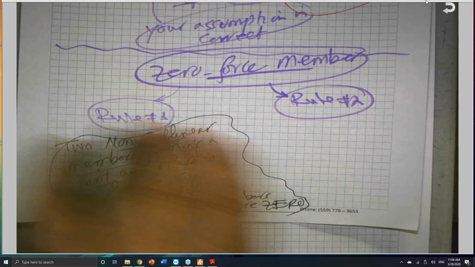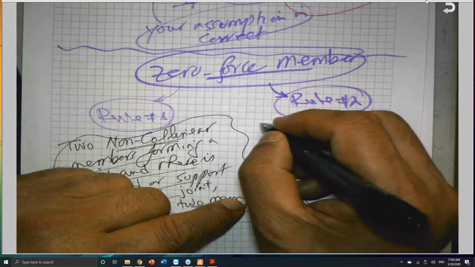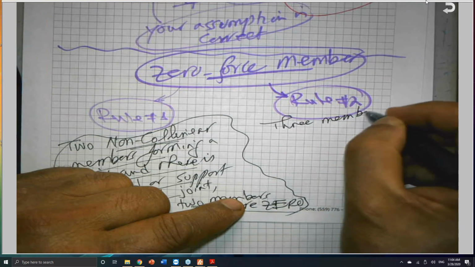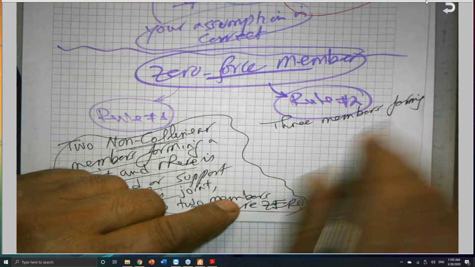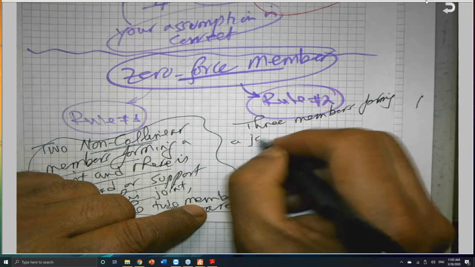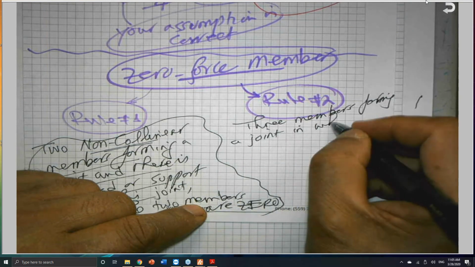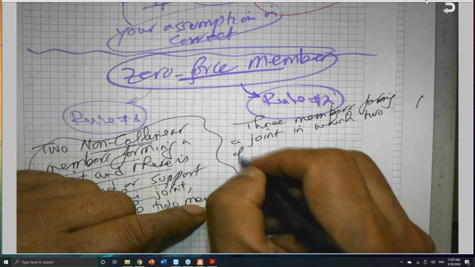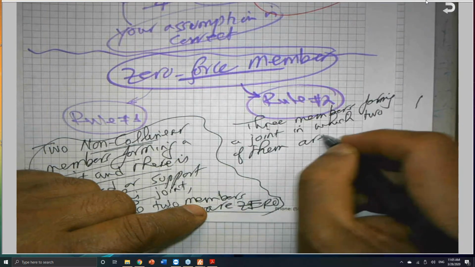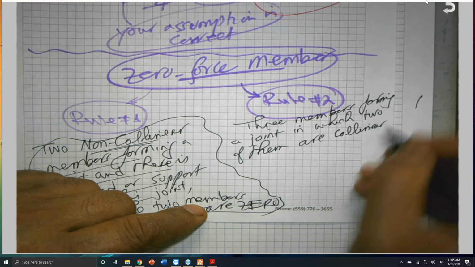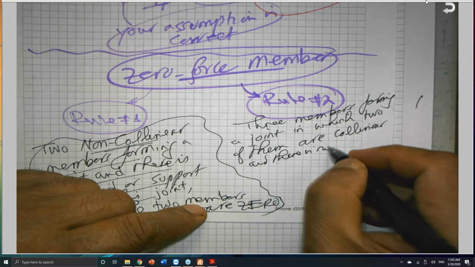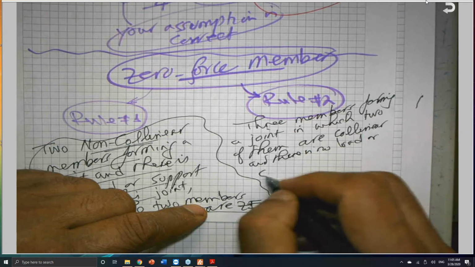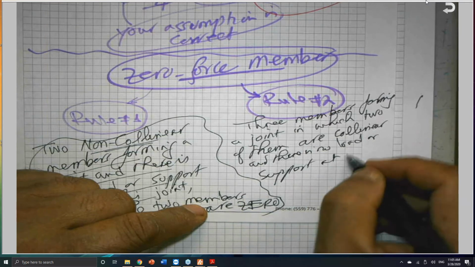Rule number 2 is talking about 3 members forming a joint in which 2 of them are collinear and there is no load or support at the joint.